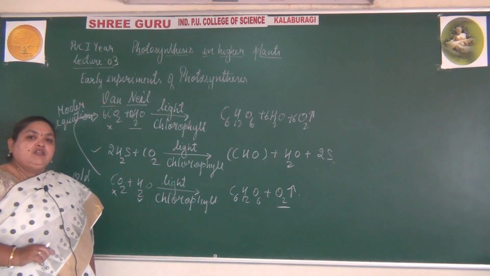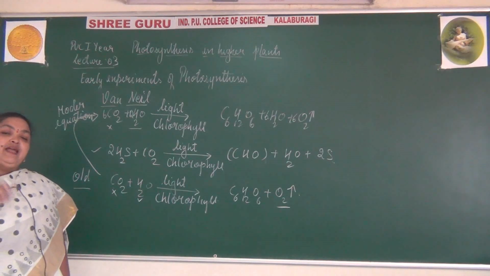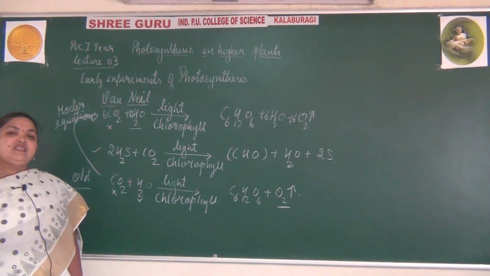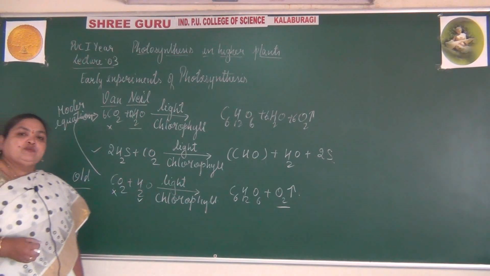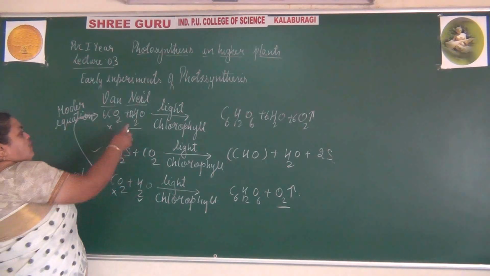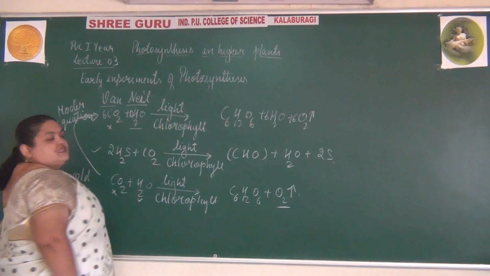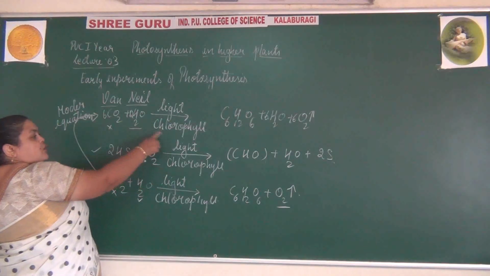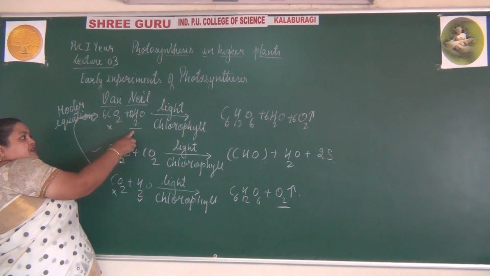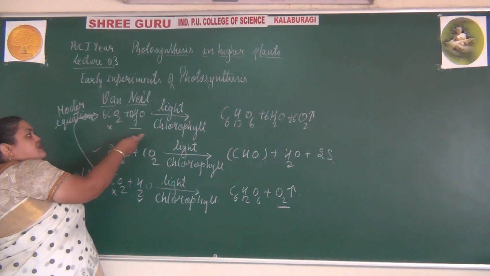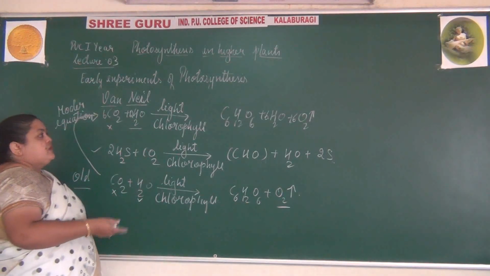As an external experiment, another experiment shows that carbon dioxide is necessary for the process of photosynthesis. In the earlier experiments we came to know that water is necessary for photosynthesis, light is necessary, and chlorophyll is necessary. If you place the plant in water, naturally water is required for the plant.